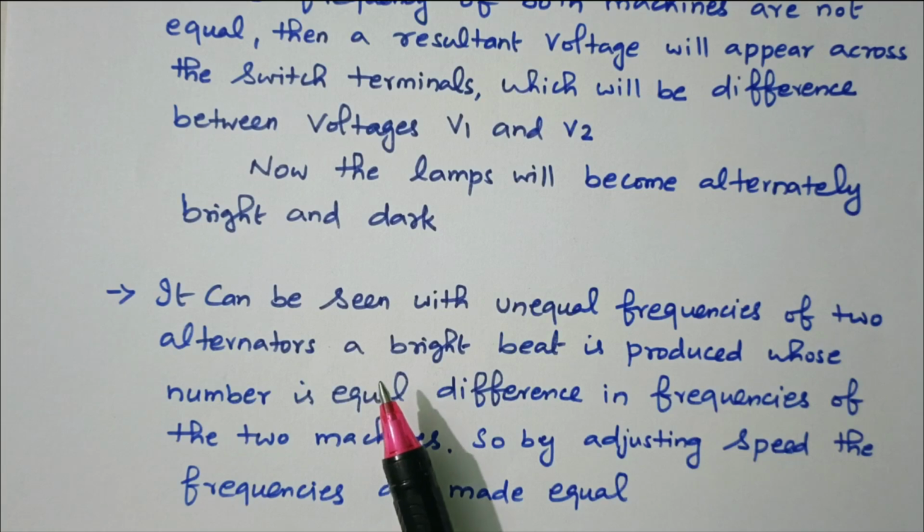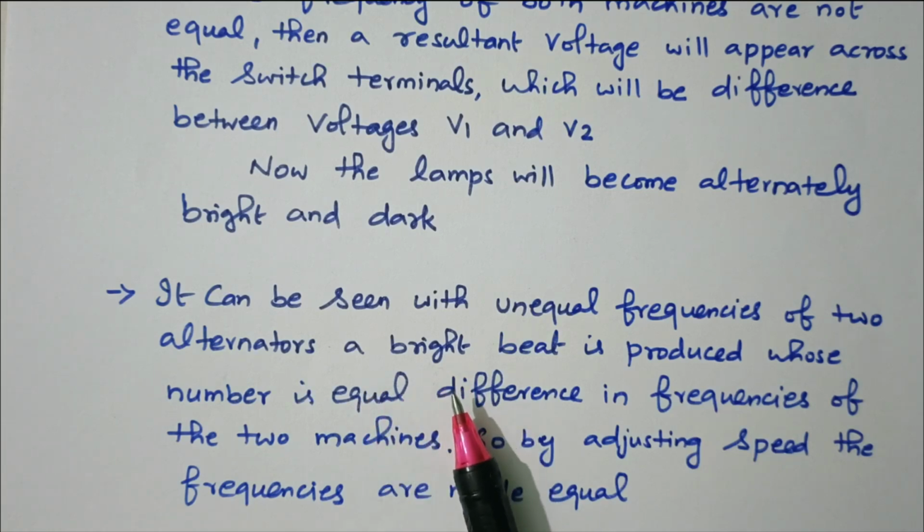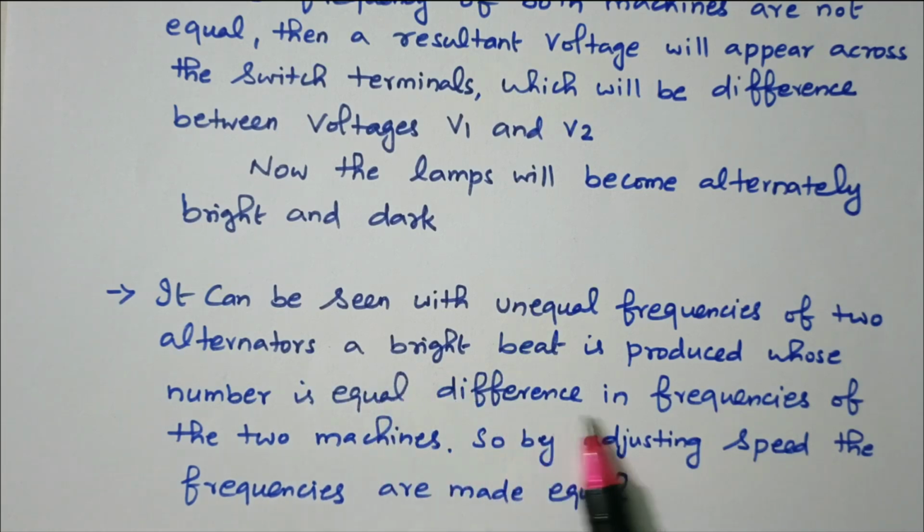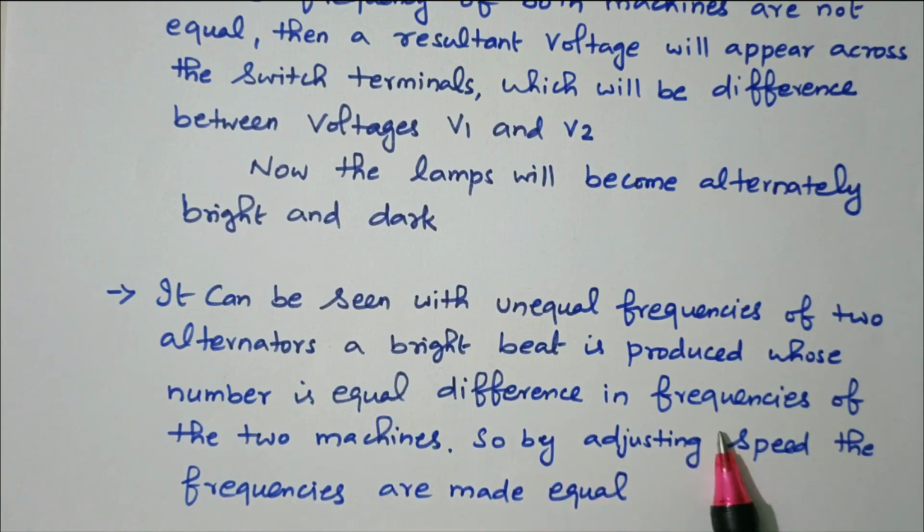So the time interval between dark and bright is defined by the difference in frequency. So by adjusting the speed, the frequencies are made equal. For the voltage, we are adjusting the field excitation.